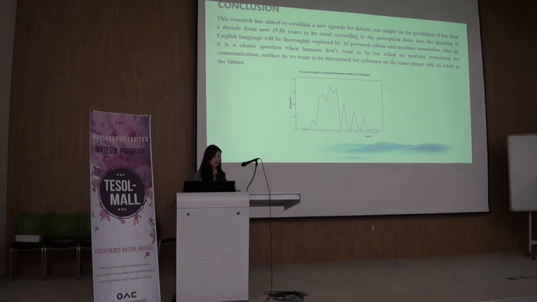After all, it is a choice question when humans don't want to be too reliant on machine translation for communication, and neither do we want to be threatened for existence on the same planet with artificial intelligence robots in the future.